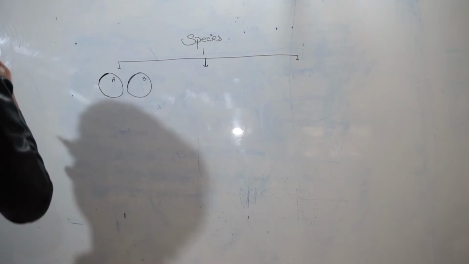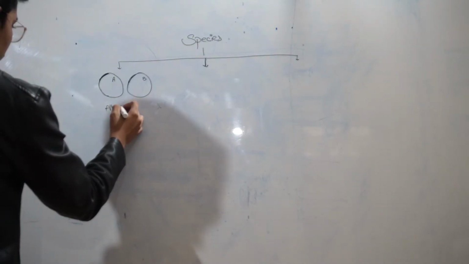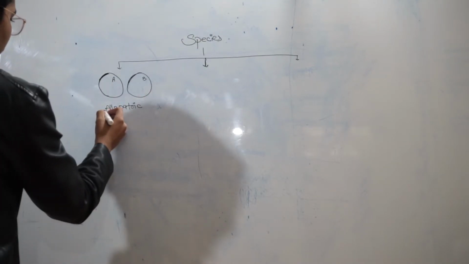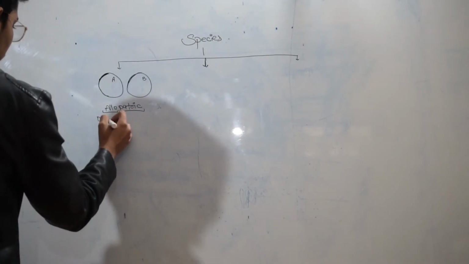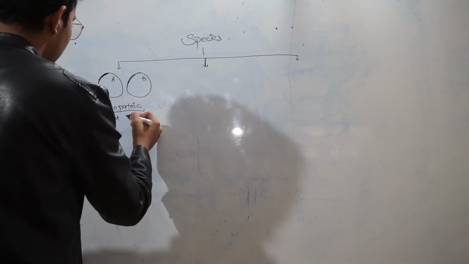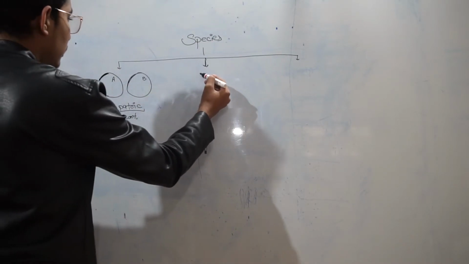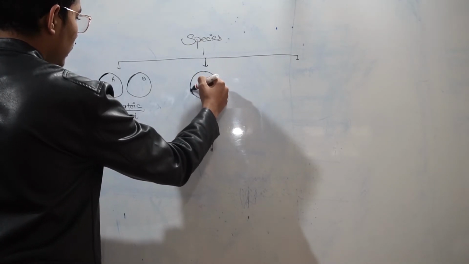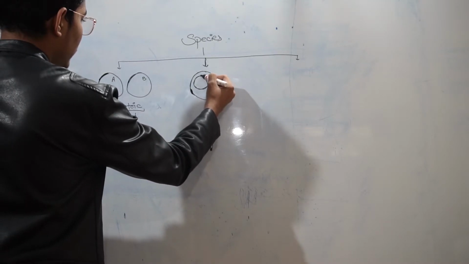So this is known as allopatric. Yes, allo means different and patric means land. Now say this is a geographical area in which another small piece of land is present.